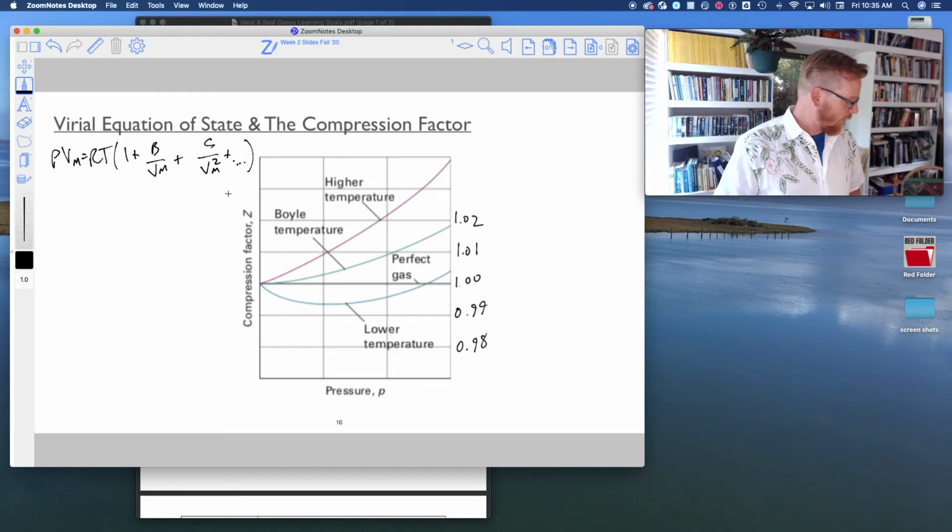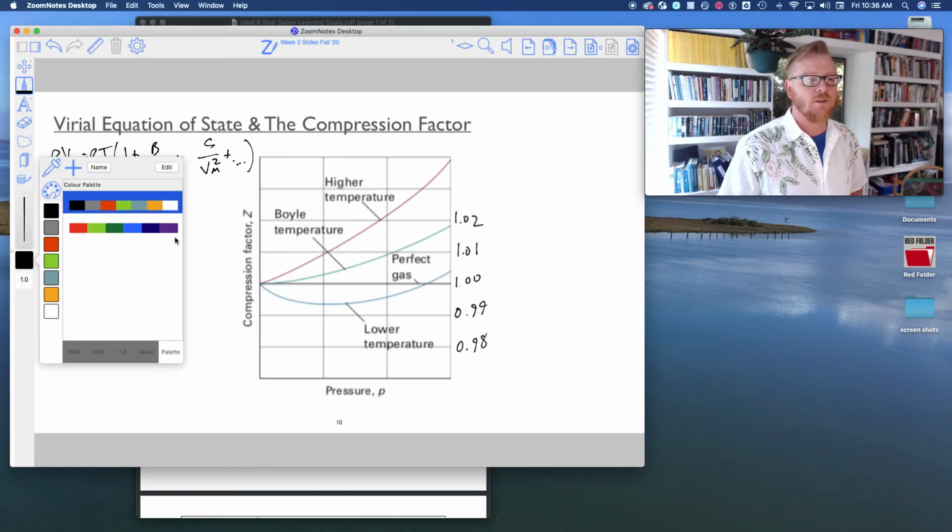Okay, so what we're going to do in the coming slides is show that B, this virial coefficient B, is equal to little b minus A over RT. And yes, those A and B's are the van der Waals coefficients. Let's change the color.